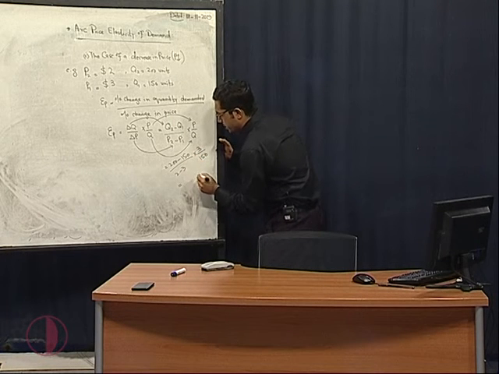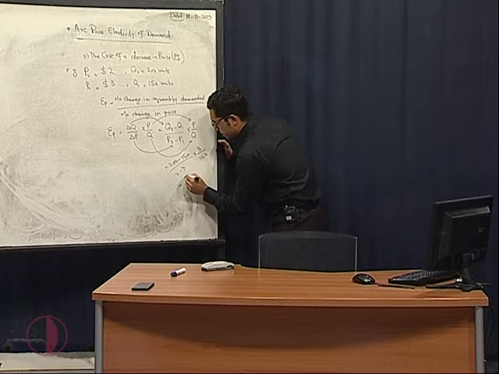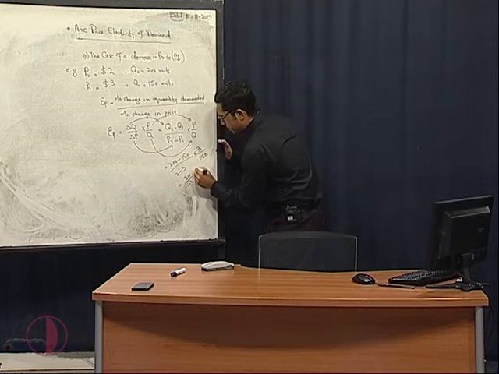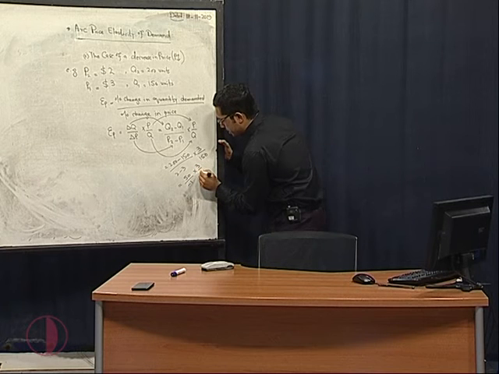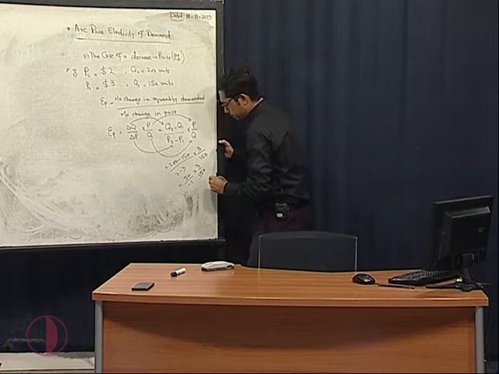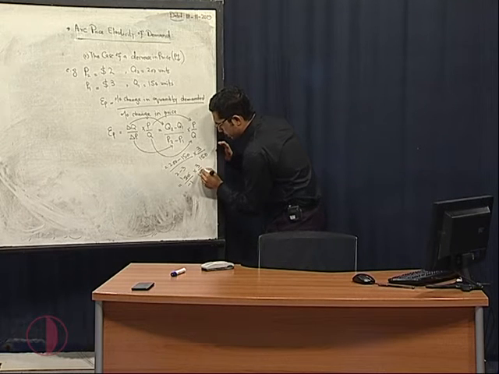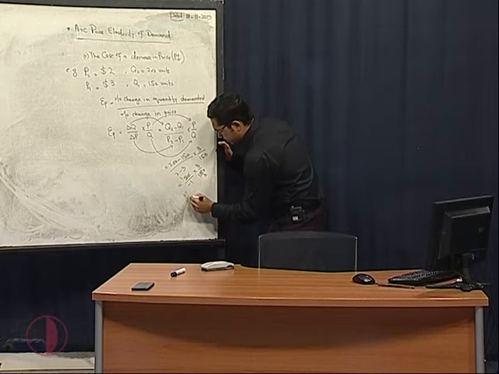200 minus 150, 50, 2 minus 3, minus 1, multiply 3 divided by 150. So 50, this is 1, this is 3.